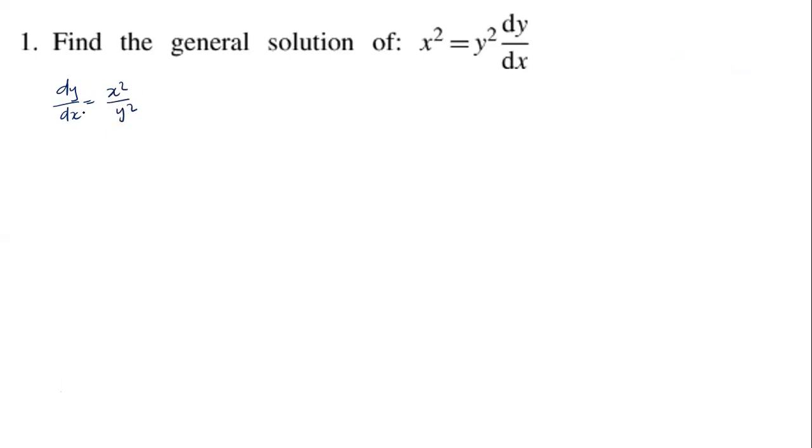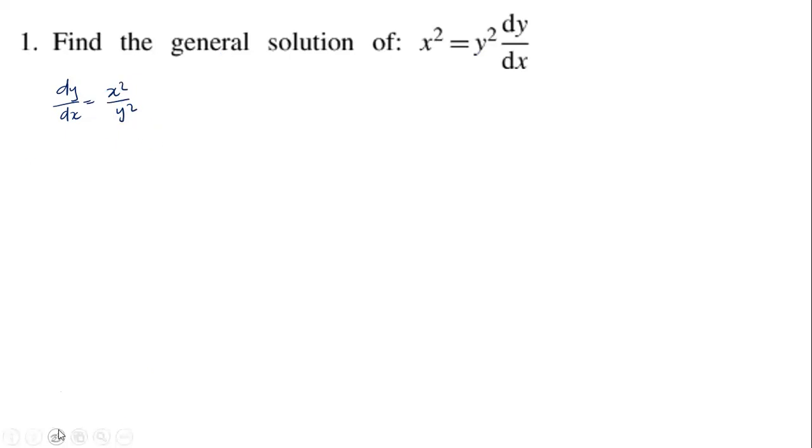Remember, the reason for writing my differential equation this way is that I want to use the standard form to see if these two algebraic expressions are homogeneous or not. Having a look at the exponents of these two expressions, they are the same. They have degree 2, so that means they are homogeneous. Now I can apply that technique.